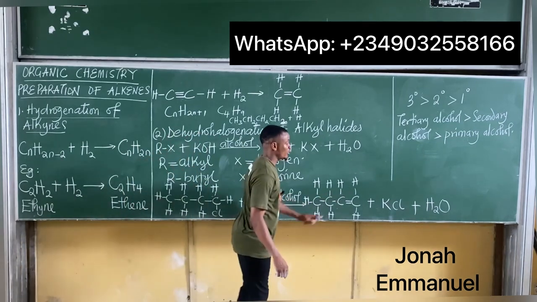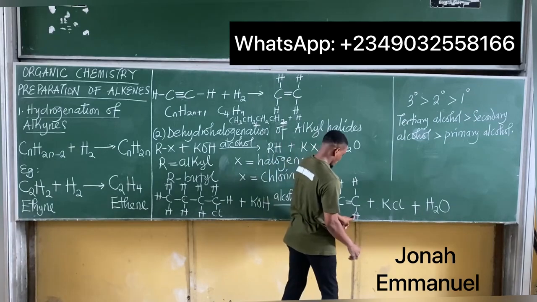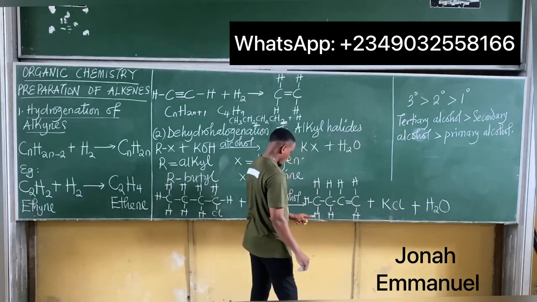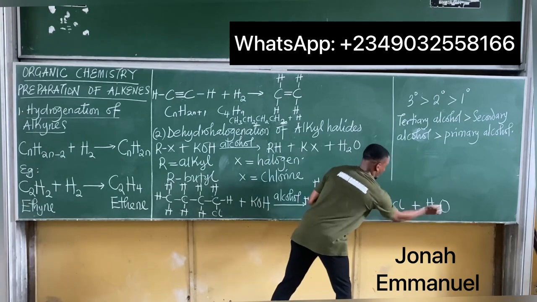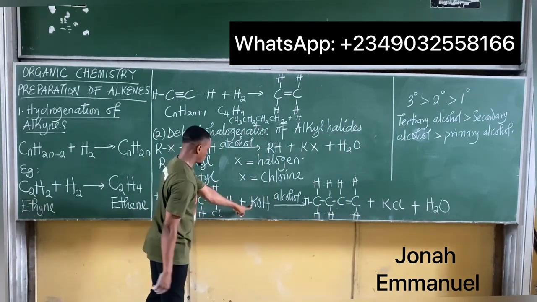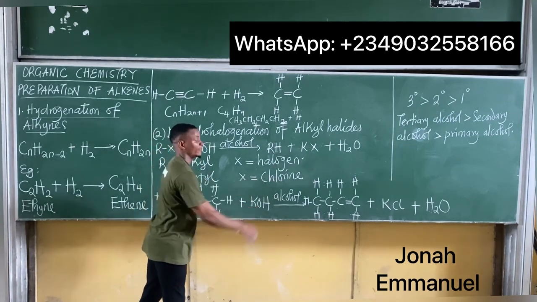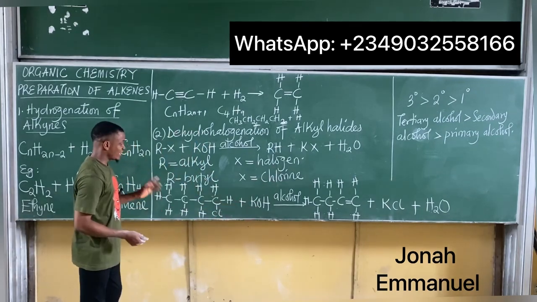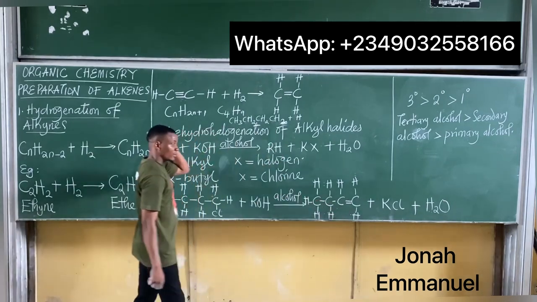Here on the product side I'm having 1 2 3 4 5 6 7, 8 9 10. So hydrogen is also balanced. Look at potassium, K balance, chlorine, Cl balance, oxygen, they're balanced. So it's correct. So please just take note that there will be a double bond there. So I'm having this.